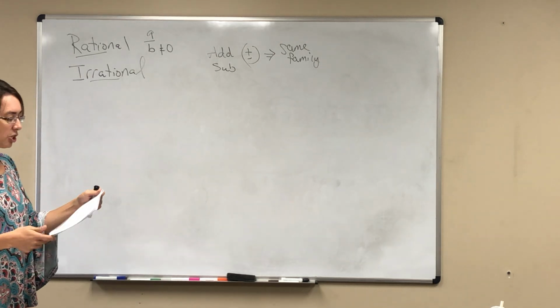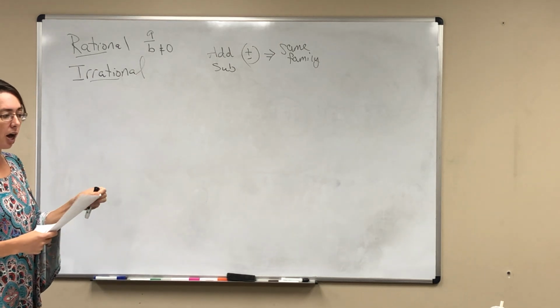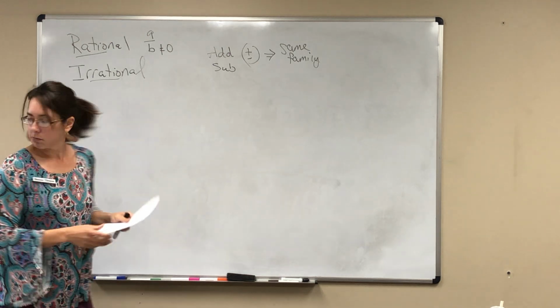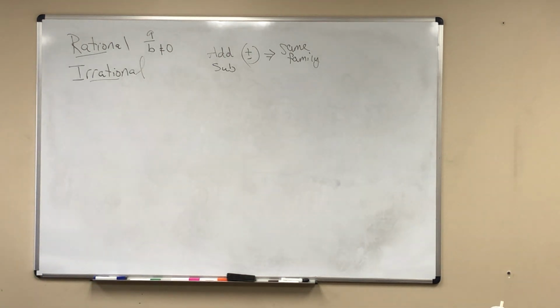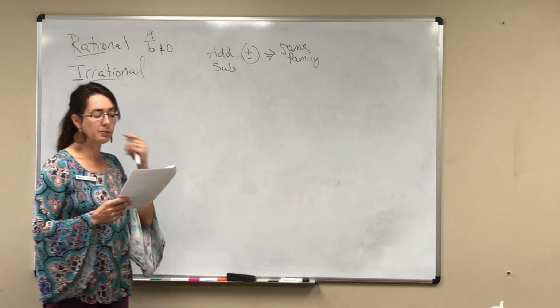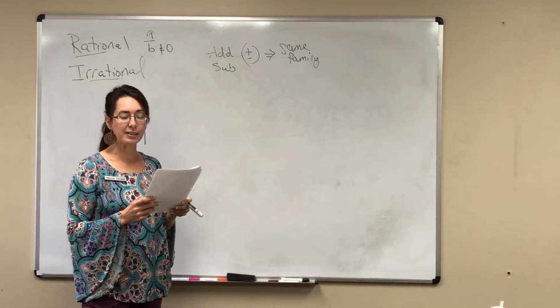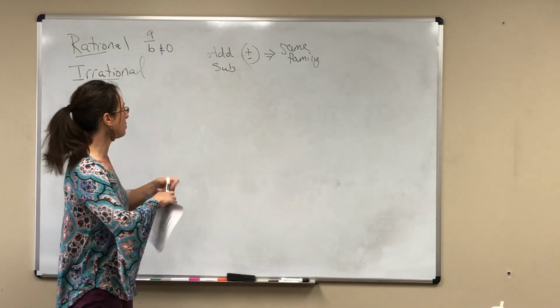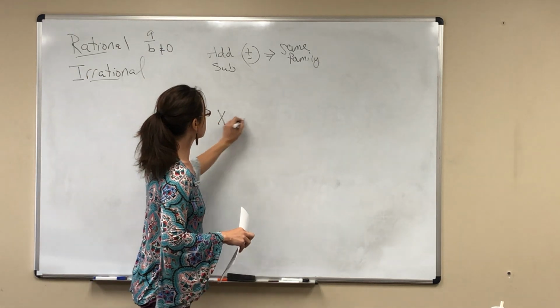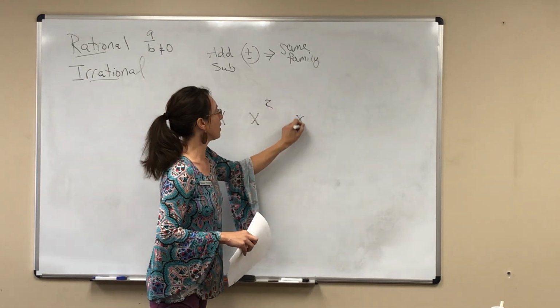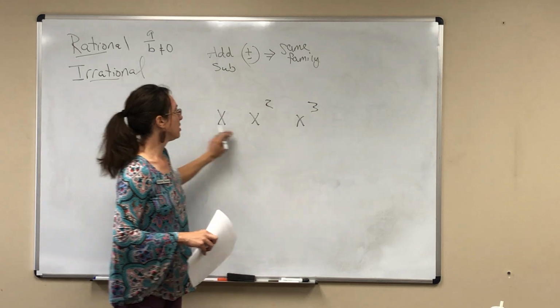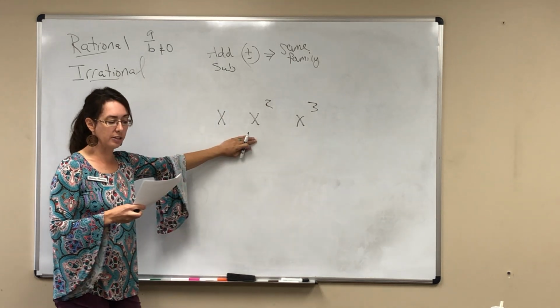Okay. Addition and subtraction. So at the top, like terms. Remember, in algebra, like terms are terms that contain the same variables raised to the same powers, right? So we were looking at x or x squared or x cubed, right? So you'd have to find ones that are like terms.